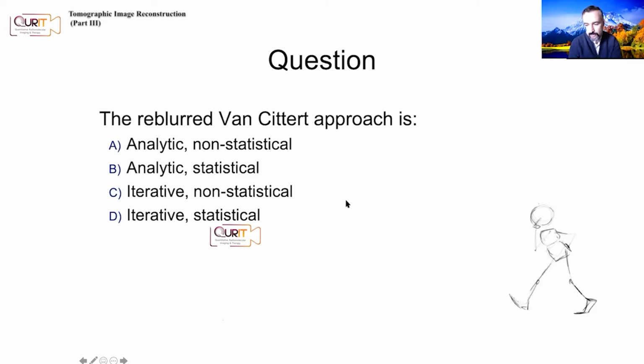Yeah, so most of you are answering, some of you are inclining for C, but most of you are saying D, and D is correct. Why? Because it is statistical.